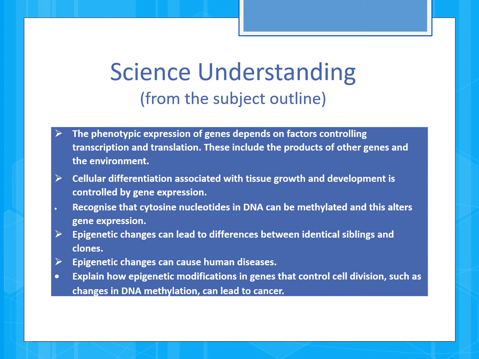So ultimately, when you're revising this bit of the topic for the test and for the exam, they're the bits that you really have to be able to explain and describe really well. So other aspects, such as the concept that there are factors that control transcription and translation, is just an idea that you have to have a broad understanding of. Okay, so if you're still a bit unsure about the difference between those two parts of the subject outline, let me know and we can go through it more in class.